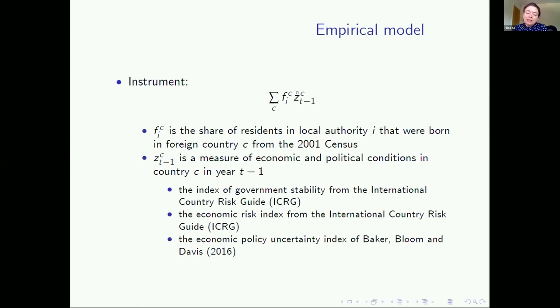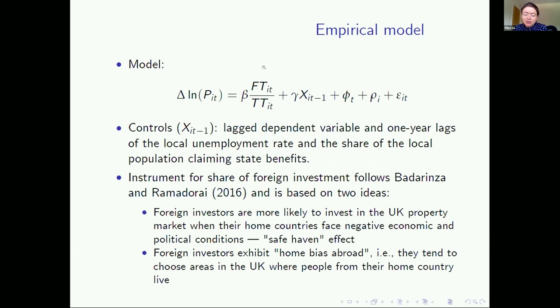I multiply this variable with the share of residents of country C in local authority I in a base year, which I take to be the 2001 census. And I sum this across foreign countries C. So these will be used as instruments for these shares here.